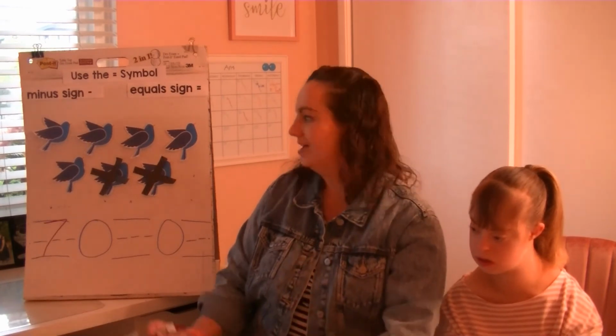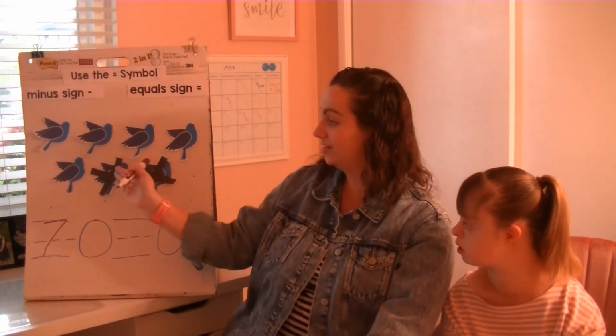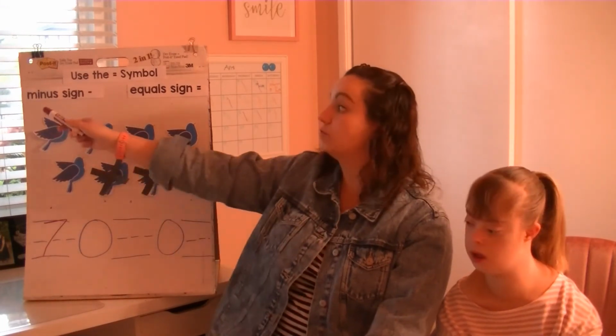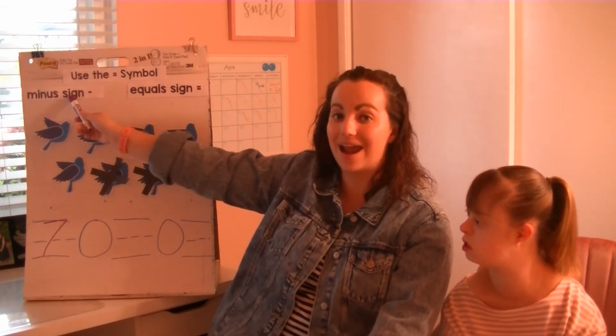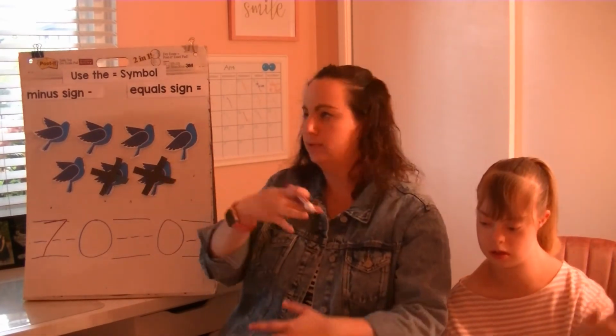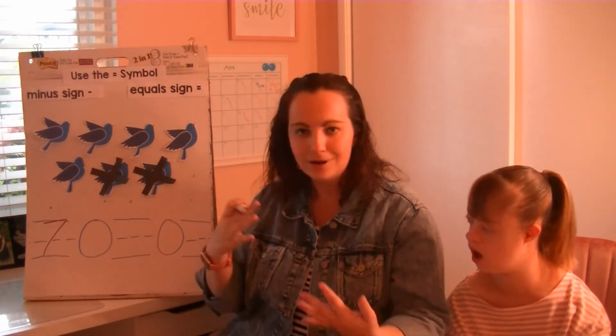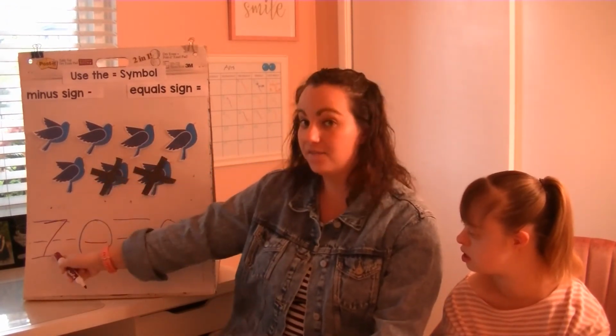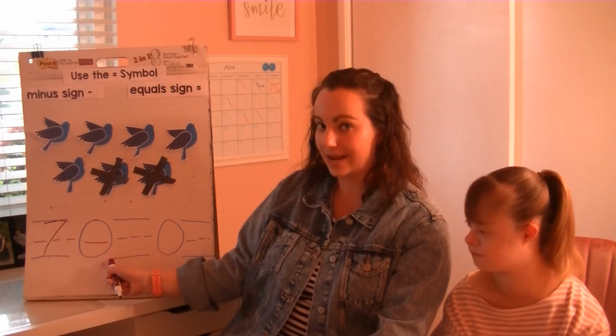Let's double check. Since we're doing subtraction, to show birds are being taken away or subtracted, we write the minus sign. If that's what you said, another air high five. If not, that's why we have teachers. We're learning it, okay? Minus. 7 minus, or take away.